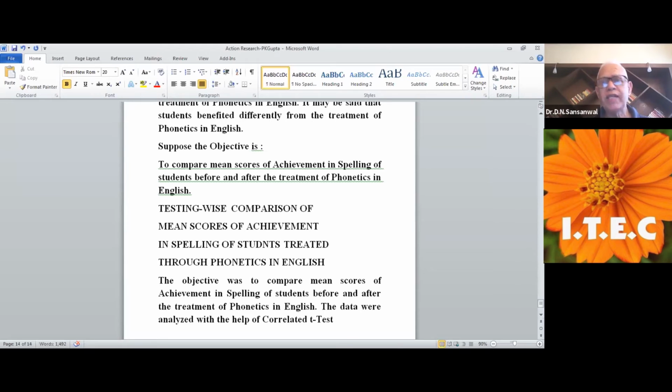But do not write both, because there is no sense in writing both. Do you want me to write paired samples t-test or correlated t-test? I can write whatever you like.